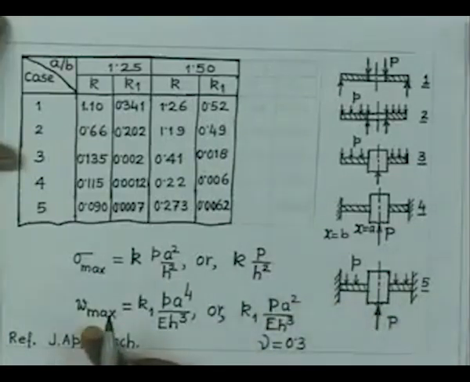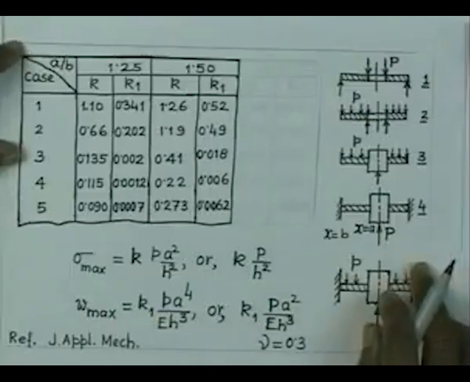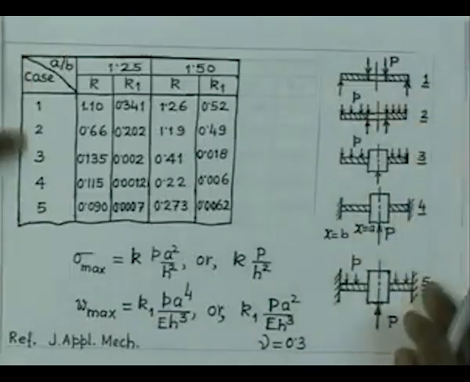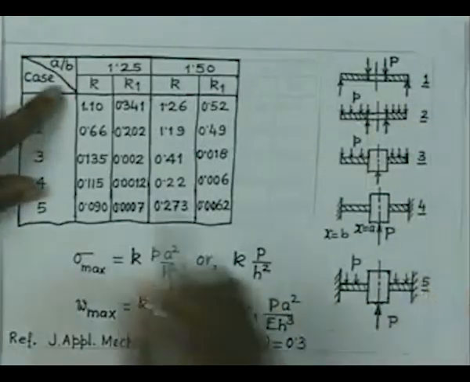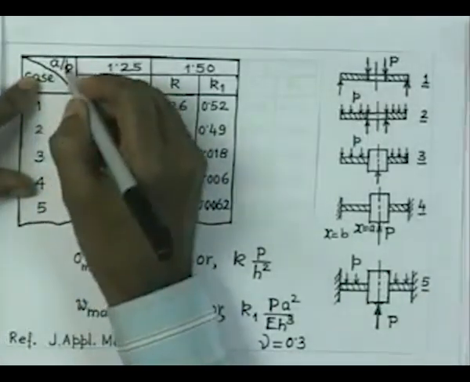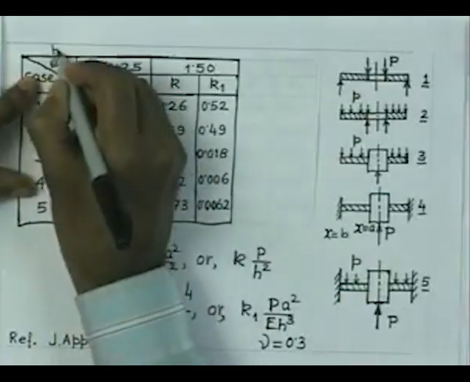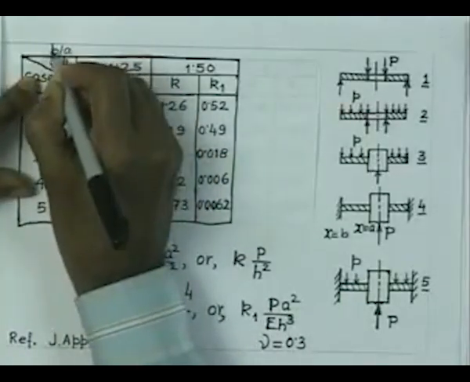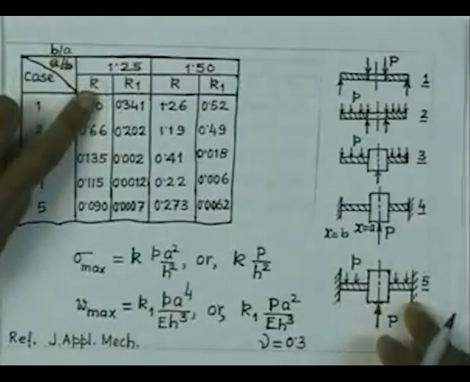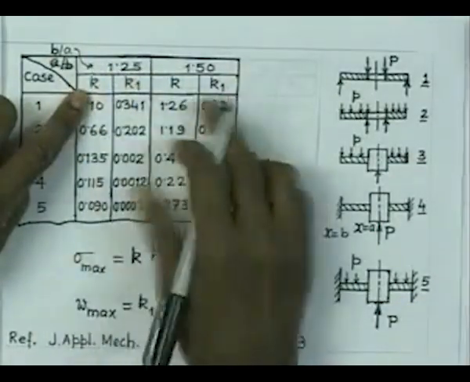Similarly, if you want to calculate the deflection maximum, then you collect the K1 from this table corresponding to the geometry that you have. We have given the 5 cases which are shown here, and this B by A ratio. So, this is B by A ratio, B is the larger radius. So, B by A ratio we have given in the row here.